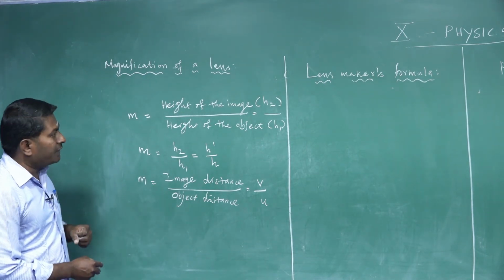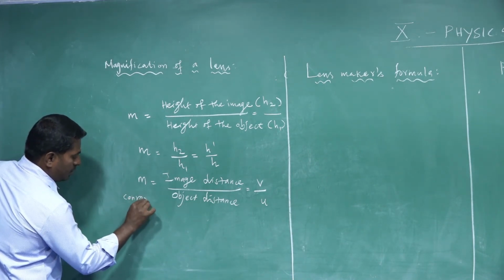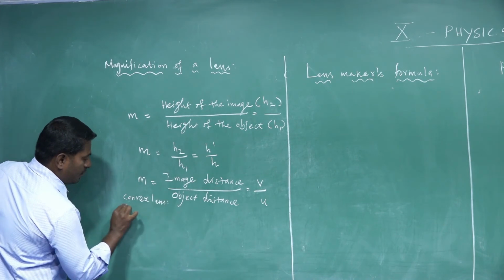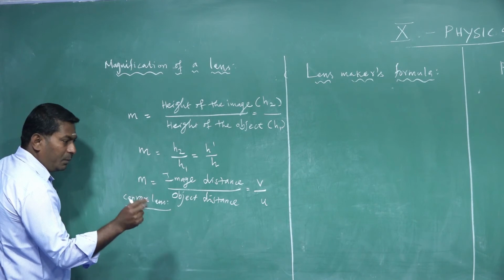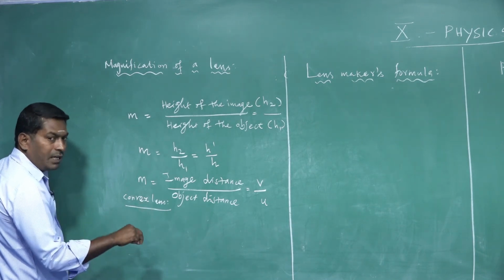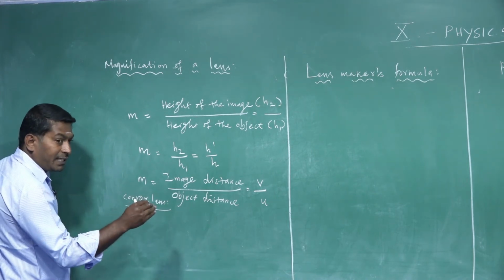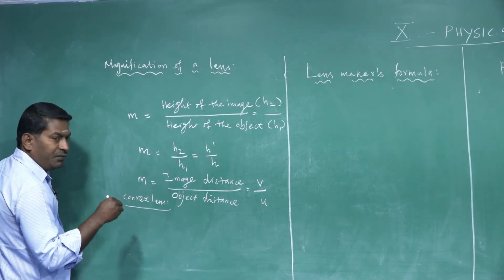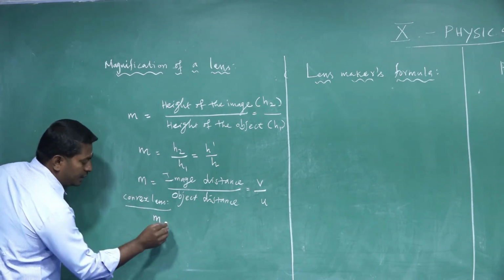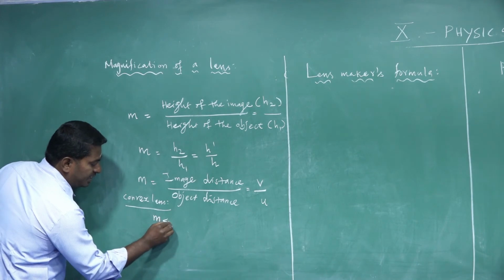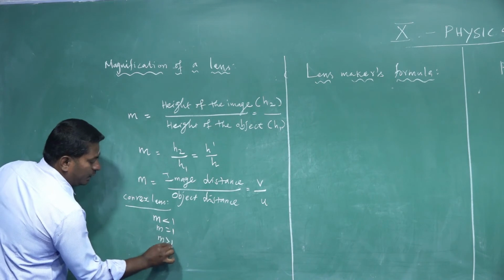In the case of a convex lens, the image size is lesser than the object, equal to the size of the object, or greater than the size of the object. Hence, the magnification produced by a convex lens is lesser than 1, equal to 1, or greater than 1.